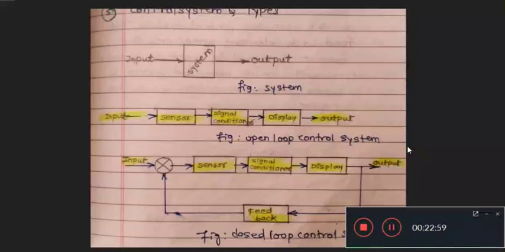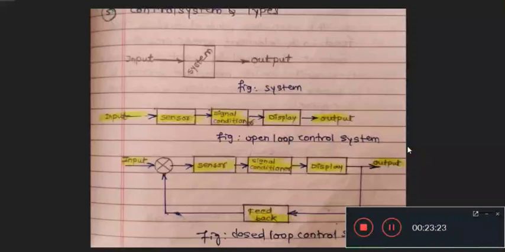The sensor senses the signal and sends it to the signal conditioner, where it is processed and the output is produced, which is sent to the display unit and shown as output. The output shown is sent back to the comparator, where it is compared with the input.